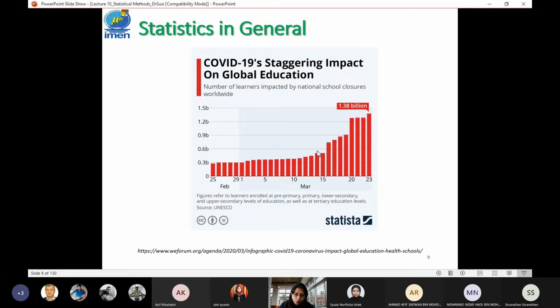So this is where statistics is useful to portray or give information. Even in the daily COVID-19 updates by the Ministry of Health, you can see various types of statistical data put up in the form of images. You look at the image, you understand which district has the highest number and so forth.